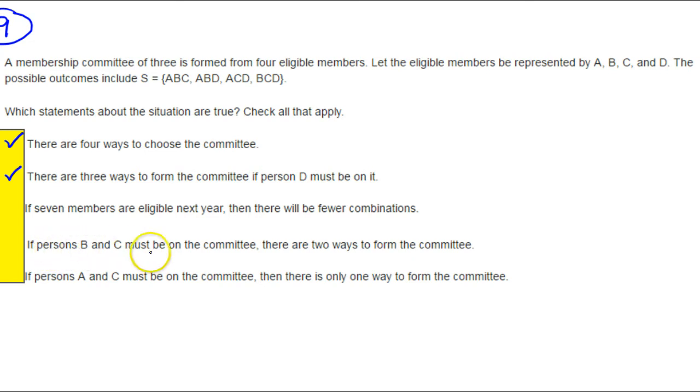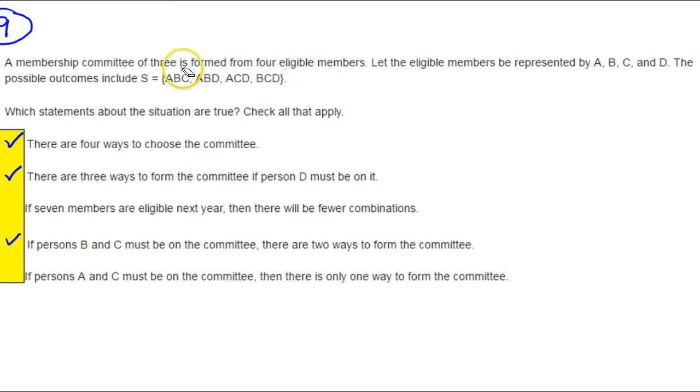If person B and C must be on the committee, there are 2 ways to form the committee. Let's see, B and C. Nope. Nope. B and C. Yep, I count 2 ways that could happen. If person A and C must be on the committee, then there is only 1 way to form the committee.